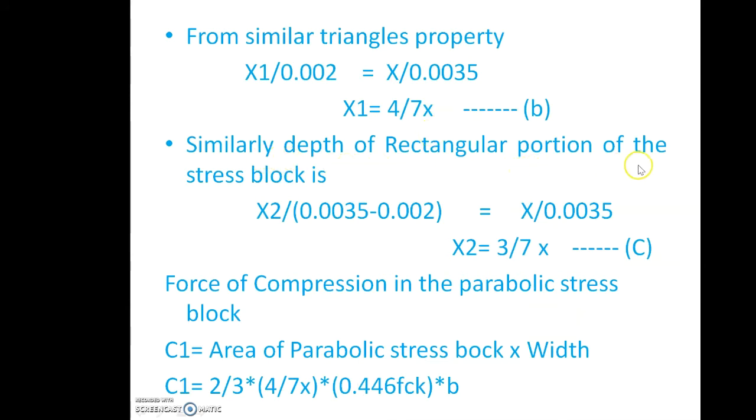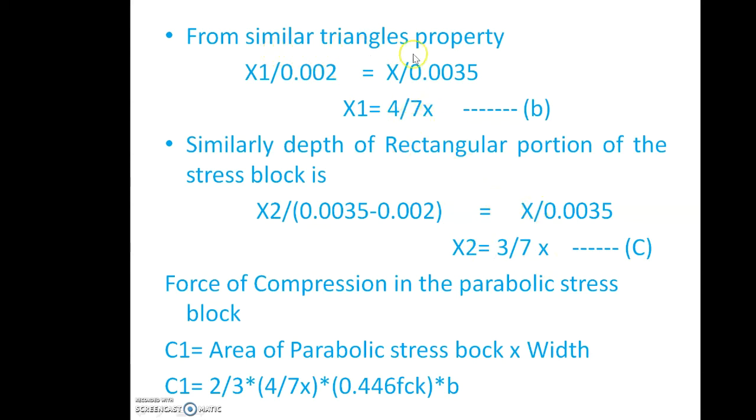Similarly, the depth of rectangular portion of the stress block, x2 divided by 0.0035 minus 0.002 is equal to x divided by 0.0035. Here we will find out x2 is equal to 3 by 7 x. So these are all the values of x1 and x2.